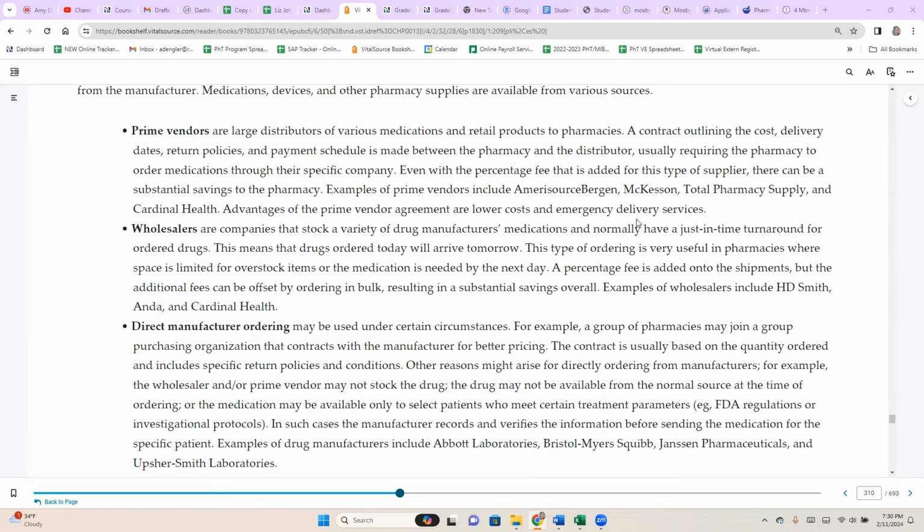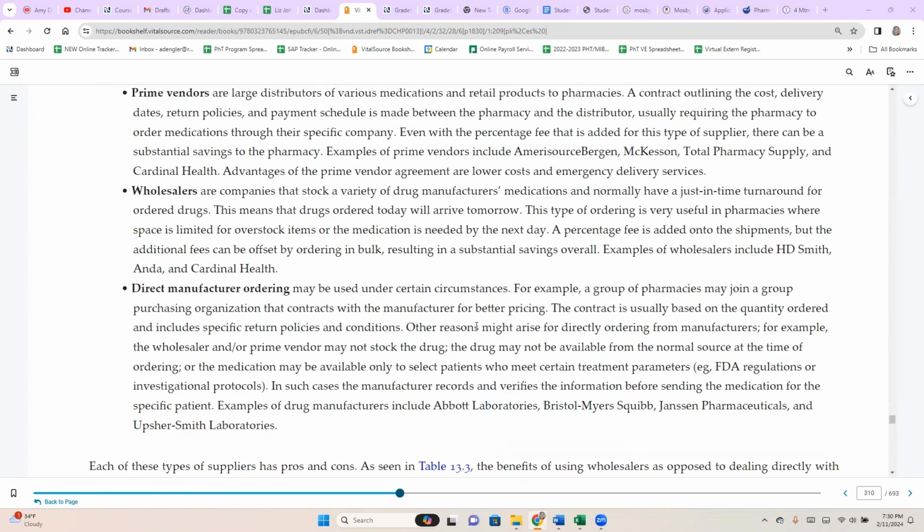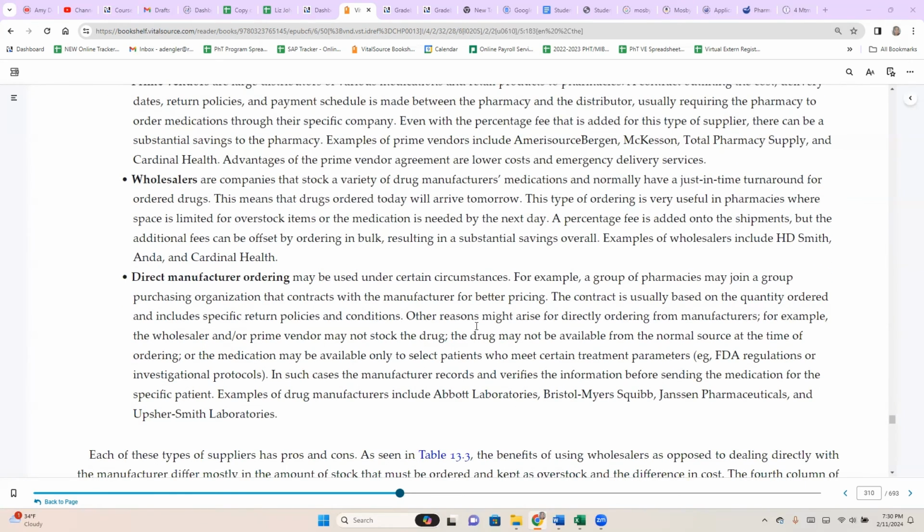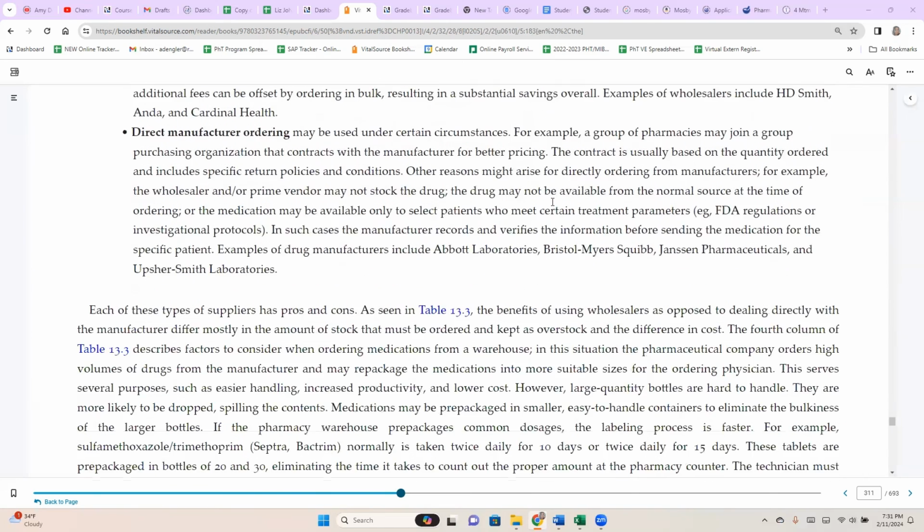Wholesalers are companies that stock a variety of drug manufacturers' medications and normally have a just-in-time turnaround for ordered drugs. Direct manufacturer ordering must be used under certain circumstances. For example, a group of pharmacies may join a group purchasing organization that contracts with the manufacturer for better pricing. Contract is usually based on the quantity ordered and includes specific return policies and conditions.